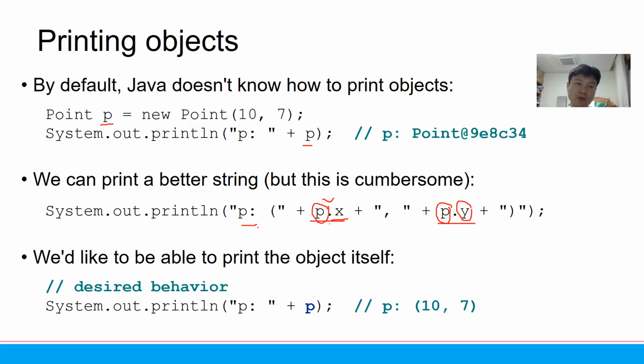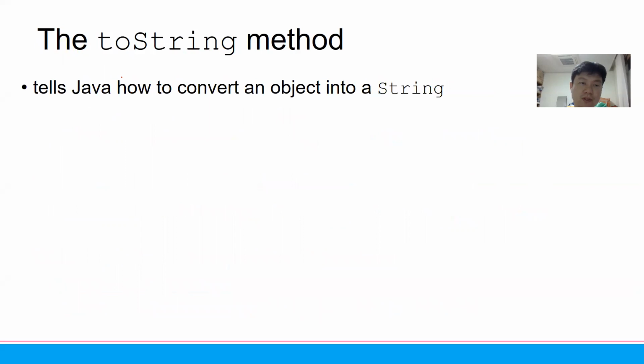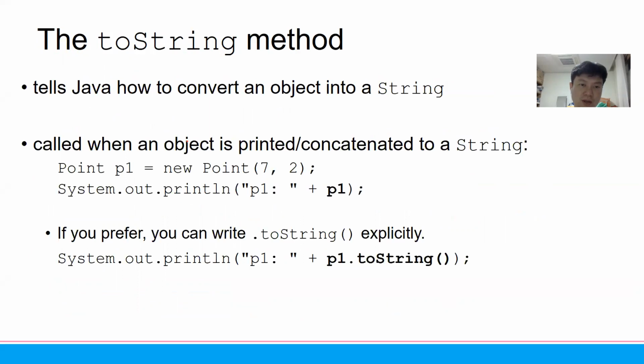Now I would like to show you if I do not want to use this kind of mechanism p.x, p.y, but I'm just using p and it will show 10,7. How? We will do it with the toString method. The toString method means I want to show the result, and the result will be converted into a string.